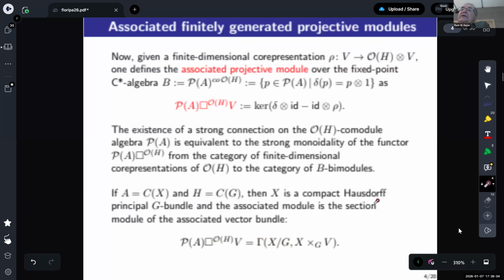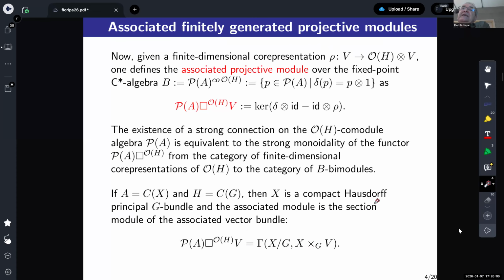Okay. Now, of course, you have a sanity check if you take the commutative setting in the construction above. So A is just continuous functions on some compact Hausdorff space X, and H is continuous functions on some compact Hausdorff group G. Then this axiomatics for a compact quantum principal bundle says that X is a compact Hausdorff principal G-bundle. And then the associated module is nothing but the section module of the associated vector bundle.